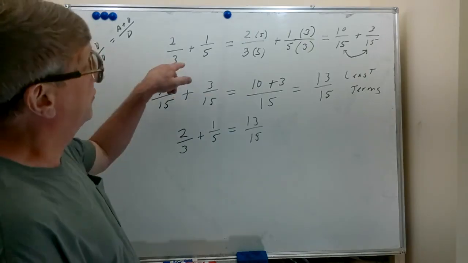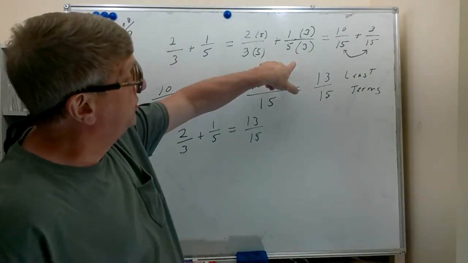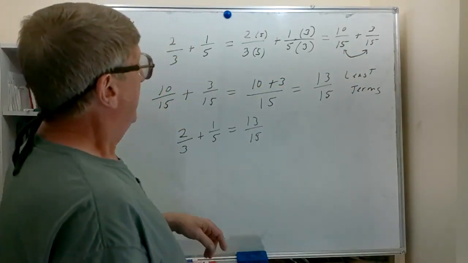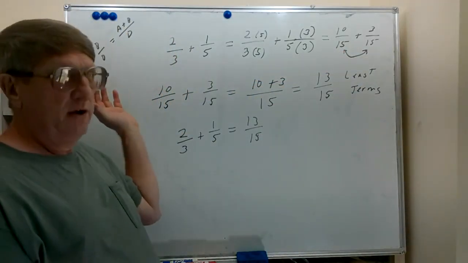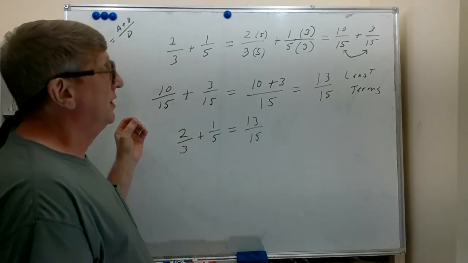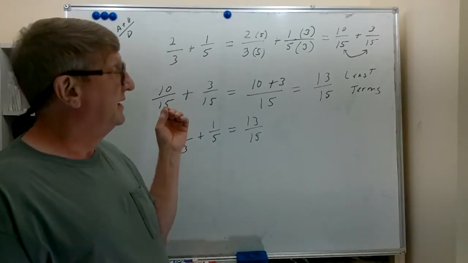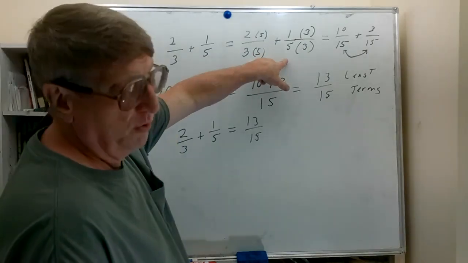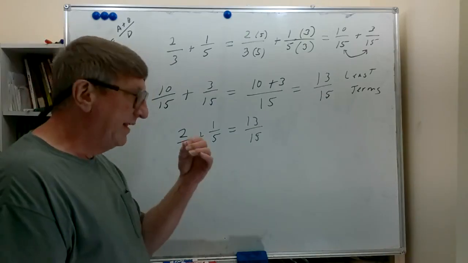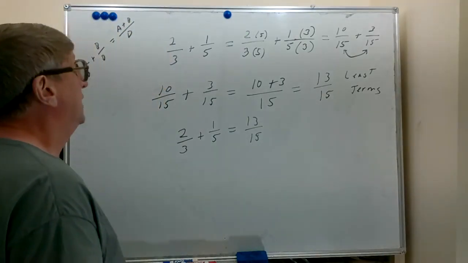And the important thing was putting the two denominators to make a common denominator. In this case, we found multiples of 3 and multiples of 5 and determined which one was the least multiple. So we found the least common denominator that way. But 3 and 5 are both prime, so doing the multiples led us right to the least common denominator.